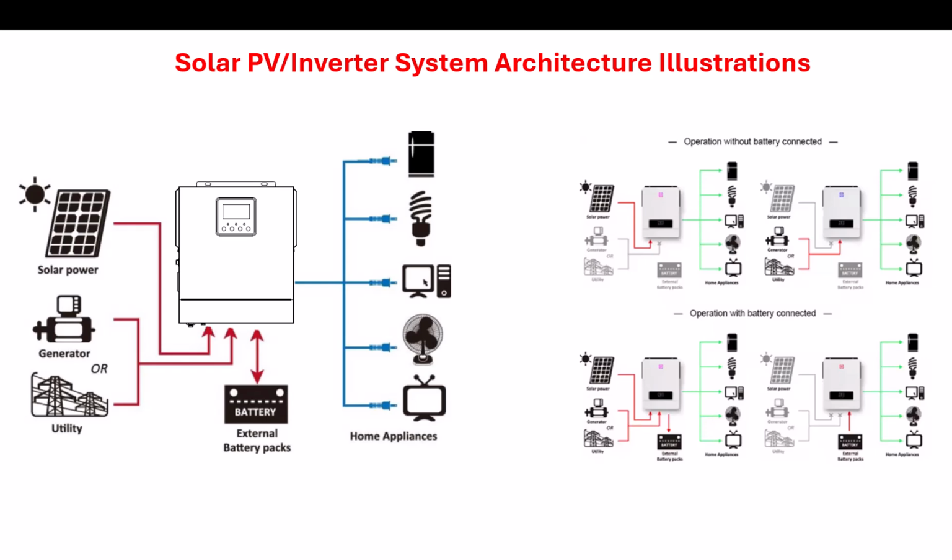Do they want 100% solar? Do they want segmentation? Do they want a backup system? Do they want a system where if everything else fails, you have the genset coming in?